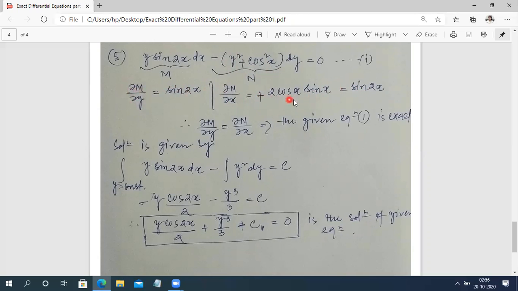You can see these two terms are the same, so del m del y is equal to del n upon del x. So the given differential equation is exact, so the solution is integration of m dx keeping y as constant minus integration of those terms in n which do not contain x. So there is only one term, that is minus of y square. So integrate minus of y square with respect to dy, and it will give the solution of the differential equation.